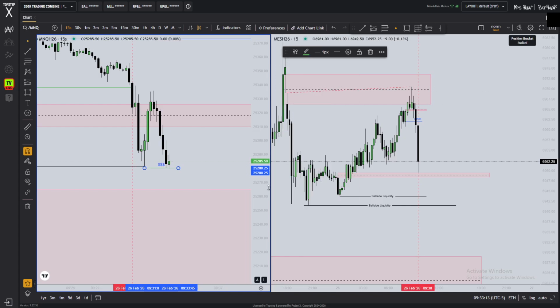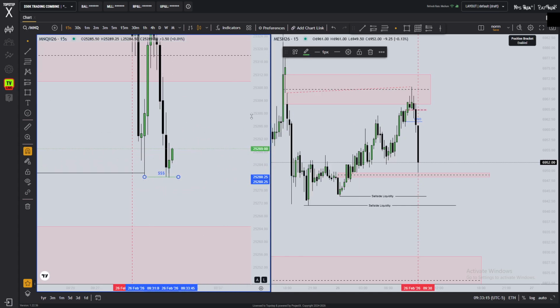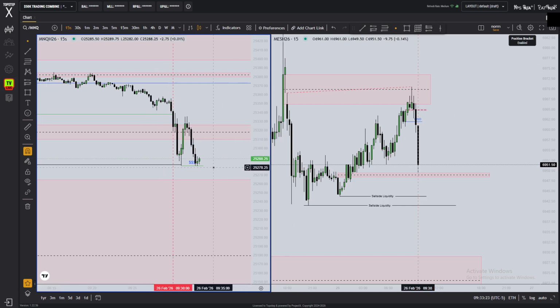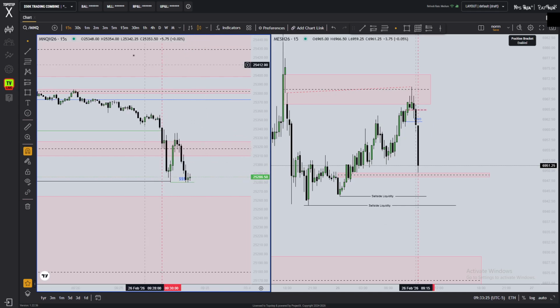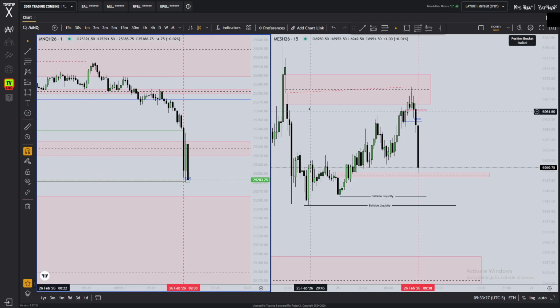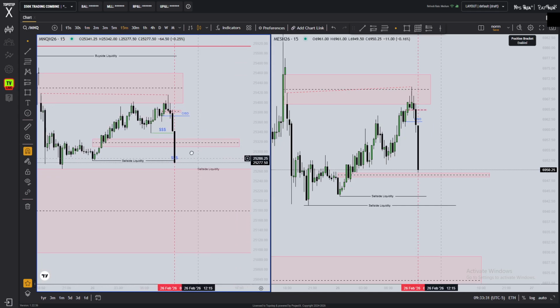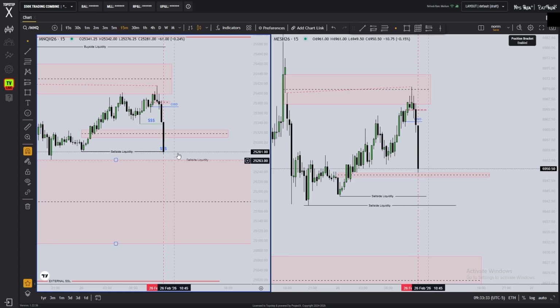Bam, take it right there. Right there, gets taken. So now, knowing we have this SMT in the market at the moment, it's big because now if we want to run all of this, I'll look to go long. But we know we still have this deeper sell side level, so we're simply just going to wait.